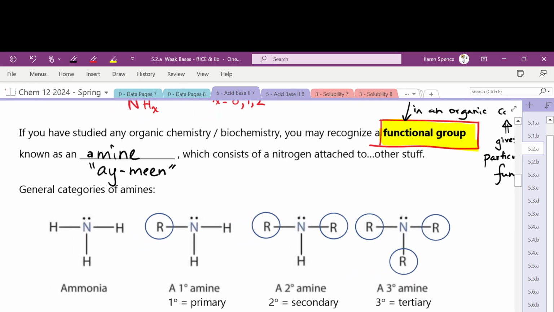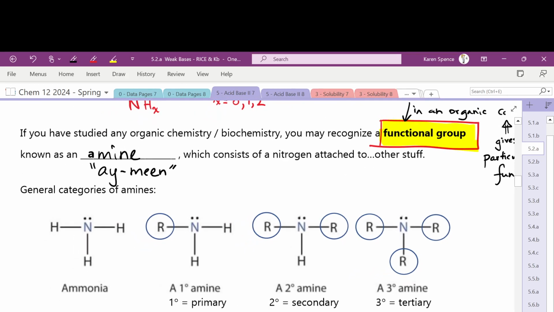So we have general categories of amines. We have ammonia, which is just NH3. Then we have NH2, which is attached to something else. And the something else is often referred to as R, and it just stands for the rest of the carbon chain.